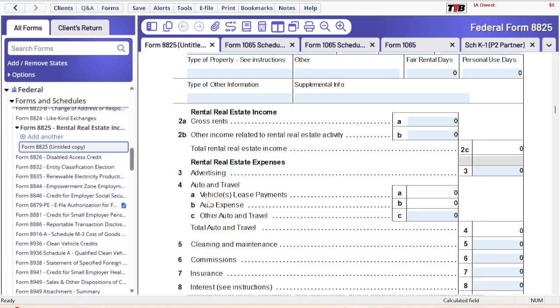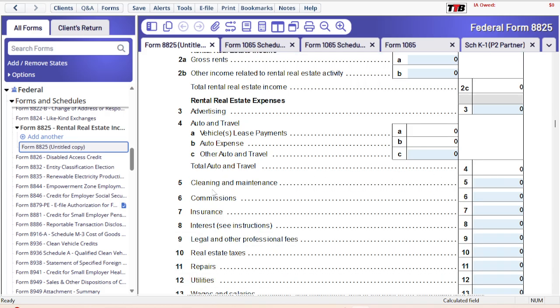Auto and travel, so vehicle lease, if you lease a vehicle, auto expenses, it should be good to track those trips to your properties. And other auto and travel expenses will go on C. The total will go there on 4.